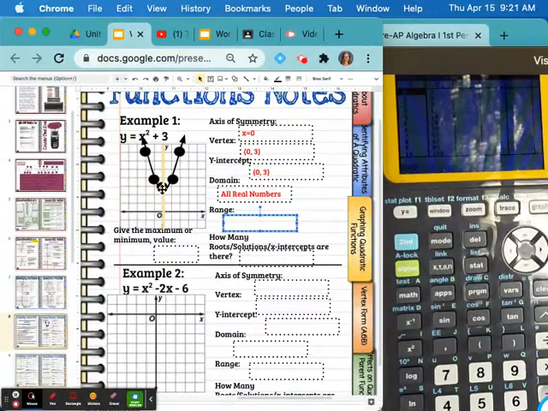So how far down does it go? 3, and then how far up will it go? Infinity. So it's going to start at 3 and get larger. So y has to be greater than or equal to 3. You can use the symbol, or you can just use a greater than symbol and underline it.